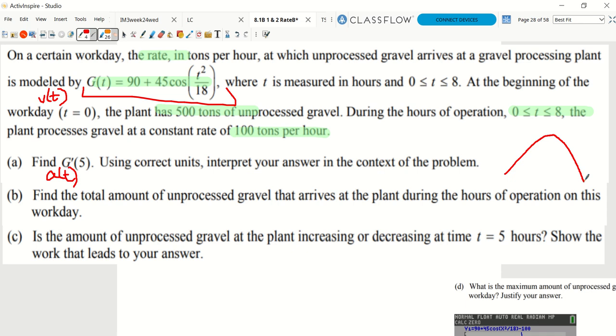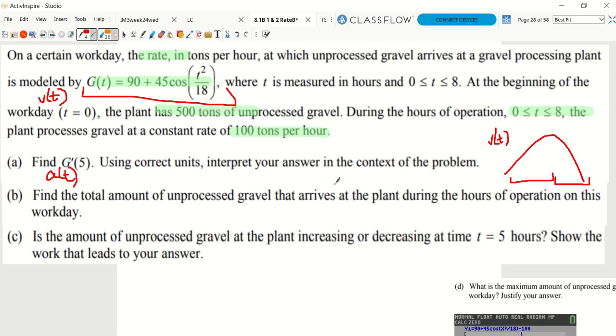So if acceleration is positive, the slope of velocity is positive, meaning velocity is increasing. And if acceleration is negative, the slope of velocity is negative, which means velocity is decreasing. Does that make sense, folks?